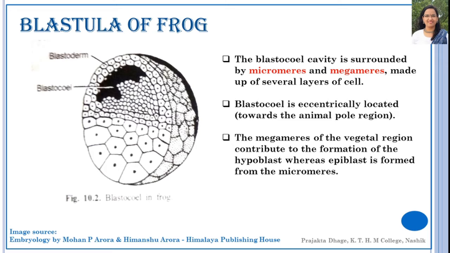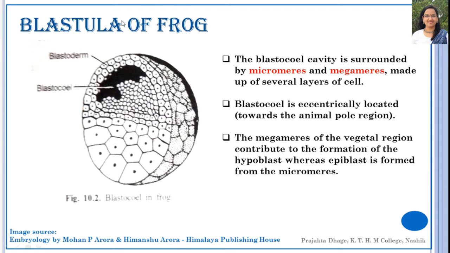The cells are also arranged in a layer surrounding the cavity in the interior, but the layer is of very uneven thickness. The cells formed from the vegetal pole of the egg are referred to as hypoblast and do not have pigmentation and are much larger than those at the animal pole. They push the blastocele upward, causing this cavity to become eccentrically located.